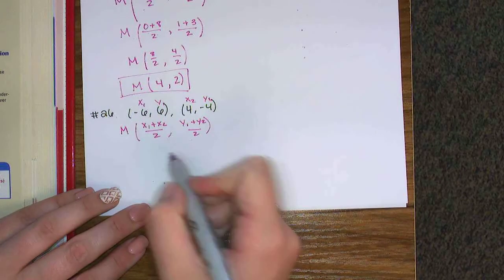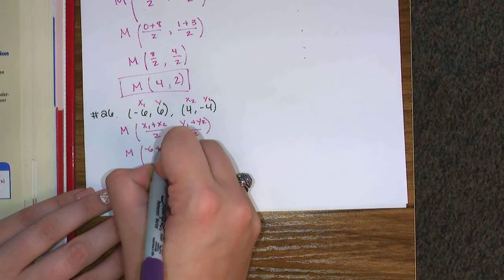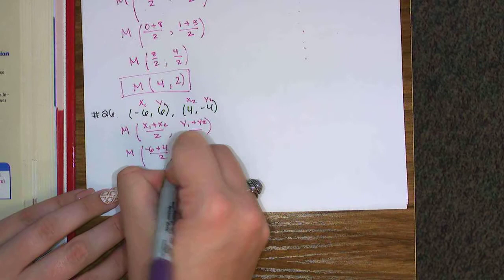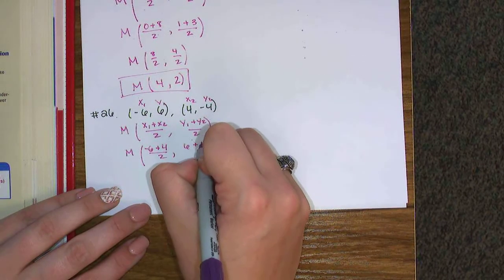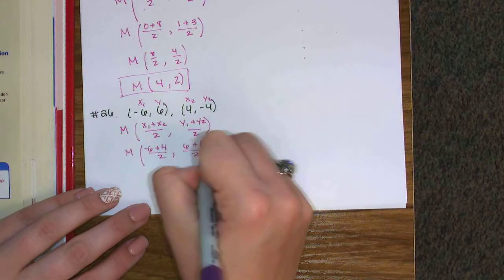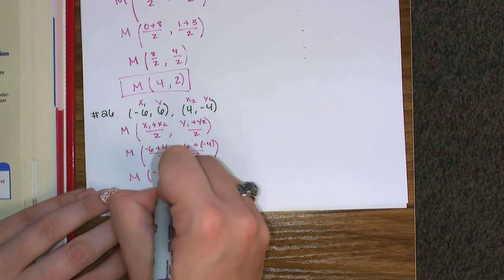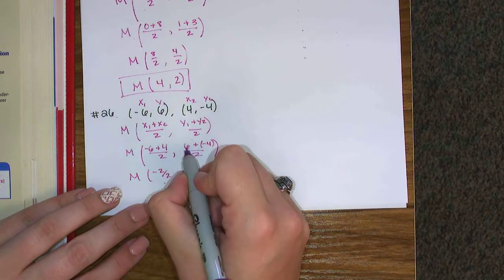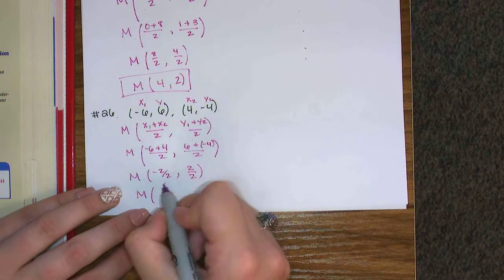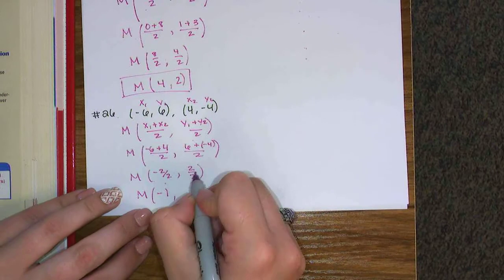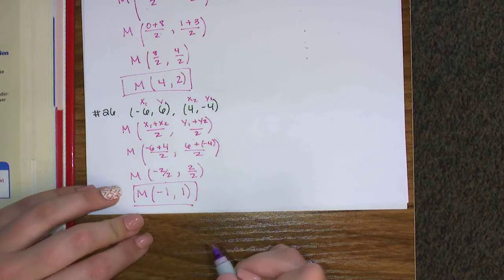Now I can just plug stuff in. x1 is negative 6 plus x2 is 4 over 2. Then y1 is 6 plus y2 is negative 4 over 2. Negative 6 plus 4 is negative 2 over 2. And 6 minus 4 is 2 over 2. So M is negative 2 divided by 2 is negative 1, and 2 divided by 2 is 1. So my midpoint is at negative 1, 1.